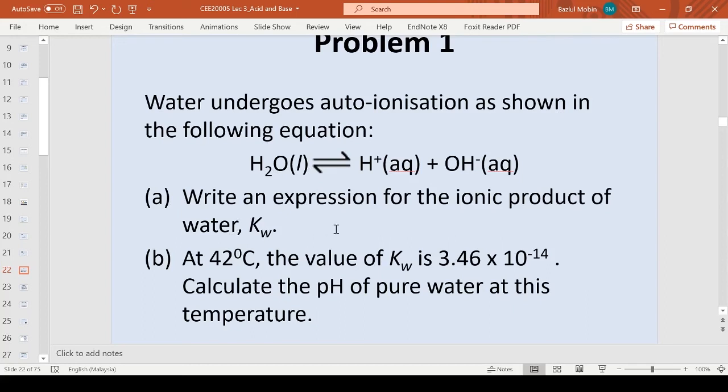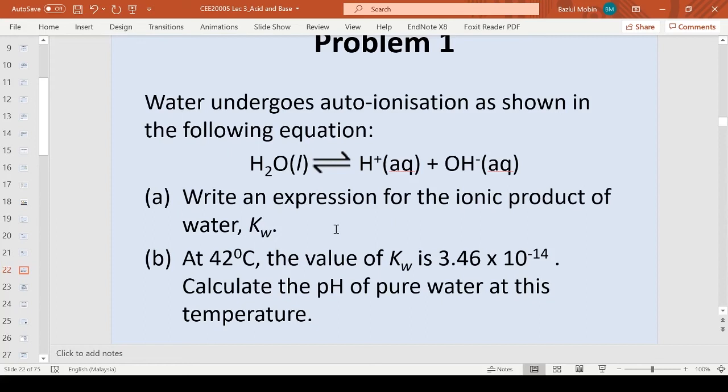Kw is the hydrogen ion concentration multiplied by the hydroxyl ion concentration over the water concentration. But water does not ionize appreciably, only a very small amount, so we can leave out the water. So Kw is equal to the hydrogen ion concentration multiplied by the hydroxyl ion concentration, as we have seen before.